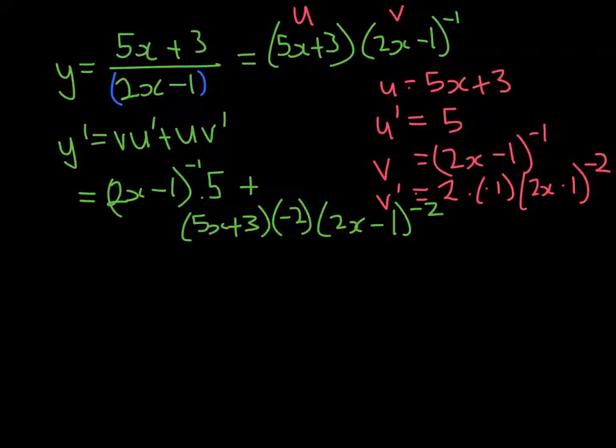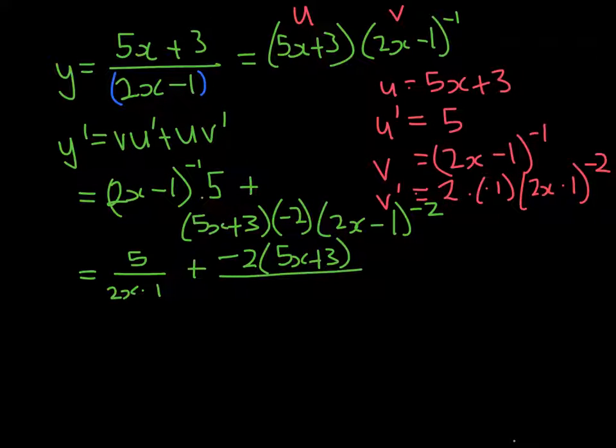Alright, and now if we write that a little bit more neatly, that'll give us 5 over 2x minus 1 plus minus 2 outside of 5x plus 3 all over 2x minus 1 squared.